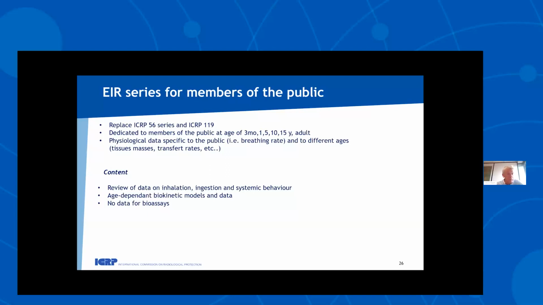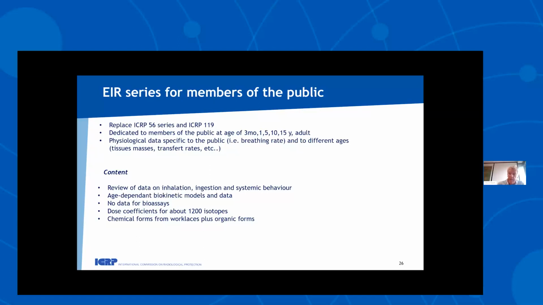We will not provide data for bioassay because we do not expect that members of the public will be asked to provide any bioassay measurement. We will provide the dose coefficients for the same isotopes that are treated in the OIR series. We will also provide these coefficients for different chemical forms, those which are found in the workplace, plus those which can be found in the environment.